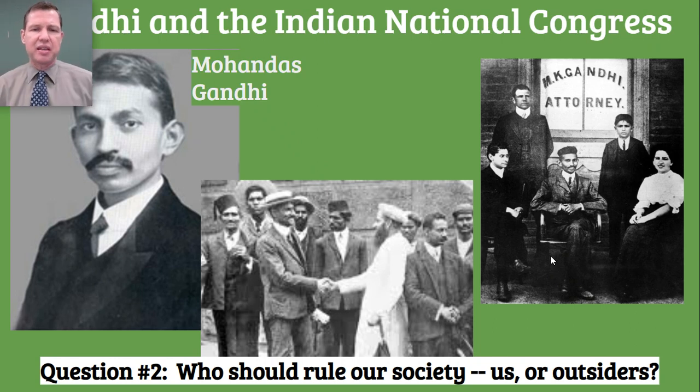Now, it's into this environment that Mohandas Gandhi was born. Mohandas Karamchand Gandhi was born in 1869. His family belonged to the caste called Vaisya. By now, we've taken a very brief look at Hinduism, and you remember that there are castes, social classes.